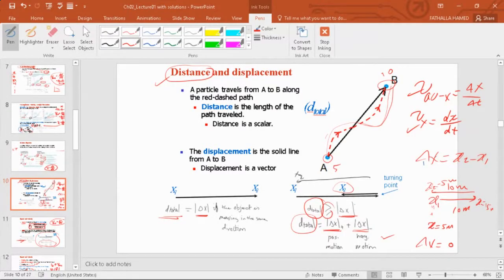So the distance is the length of the path traveled, and it's a scalar quantity. Displacement, on the other hand, is a vector quantity, and it's only the difference between the two positions. So in this situation here, your displacement is x2 minus x1.